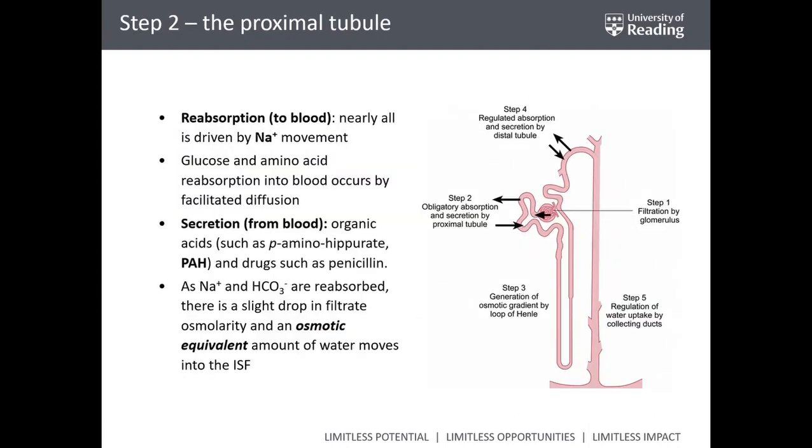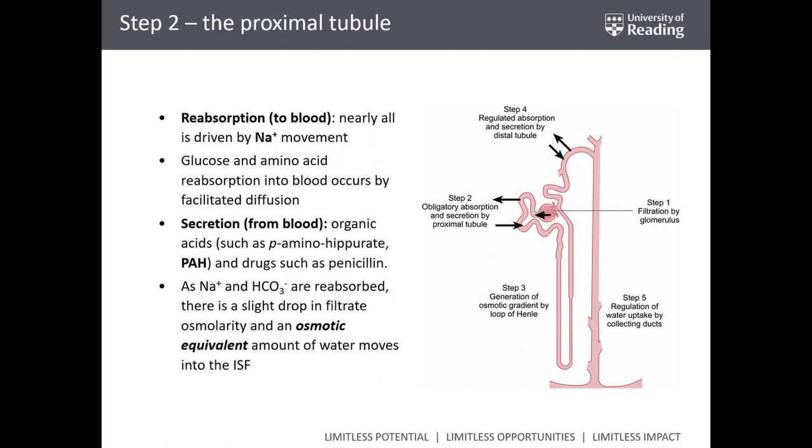Okay, let's talk now about the proximal tubule. In the proximal tubule, we do have important processes of obligatory reabsorption, okay? And most of this reabsorption of substances from the tubular fluid into the blood is driven, almost all of it, by the movement of sodium.